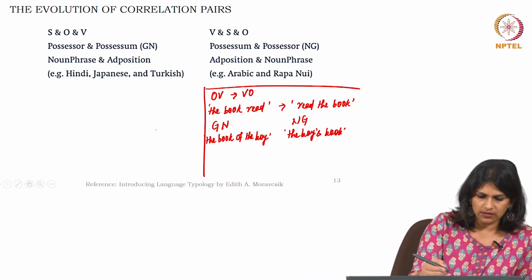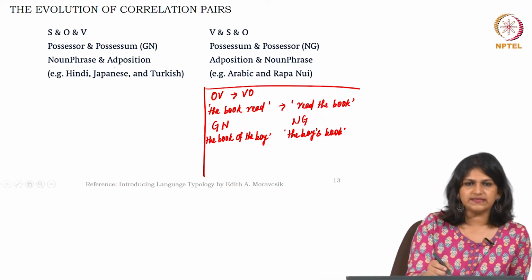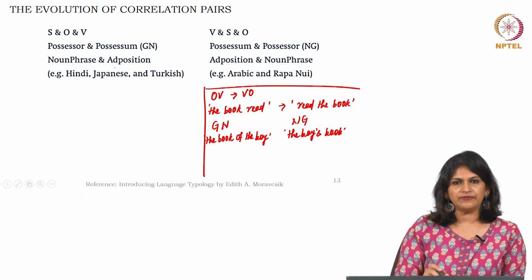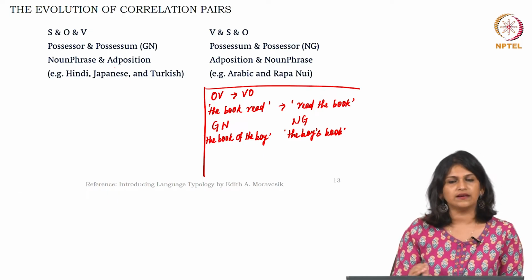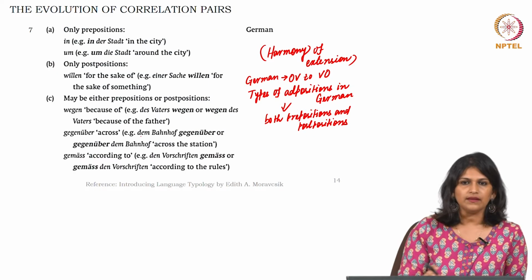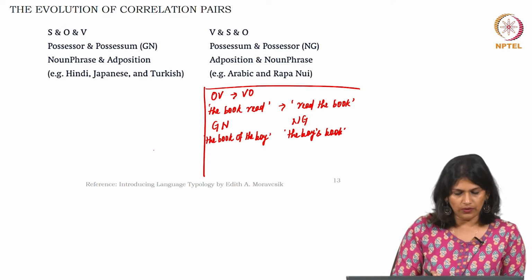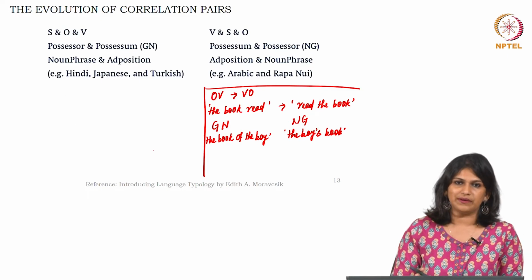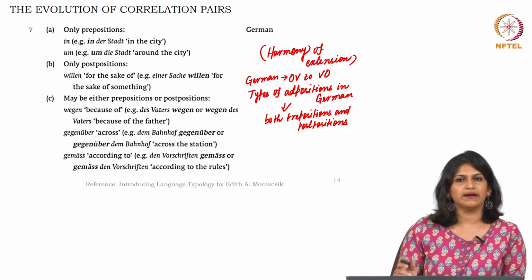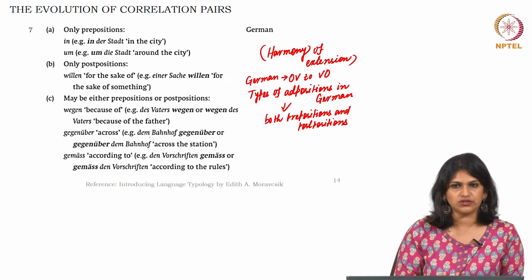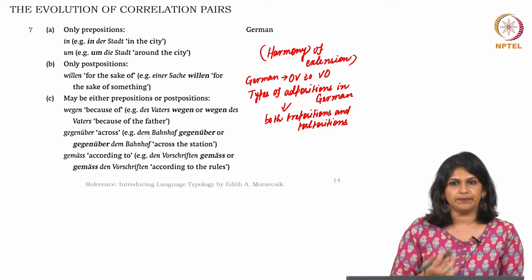Here, if it is OV, then the noun phrase comes first, then comes the adposition. If it is VO, the noun phrase might come later and the adposition might come before that. So, it depends whether it is a preposition or a postposition depending on the word order.